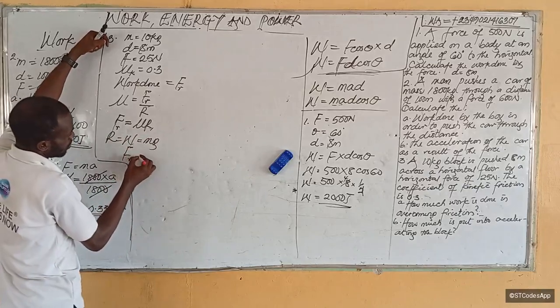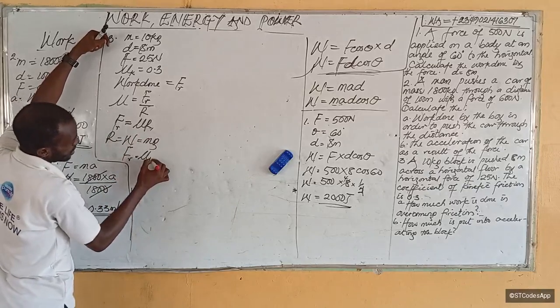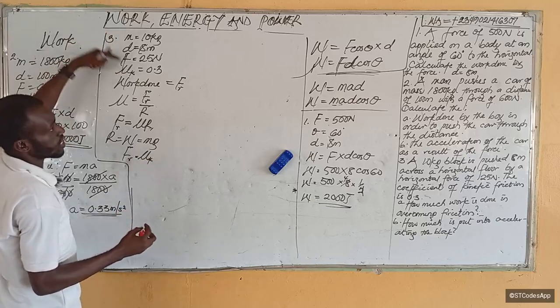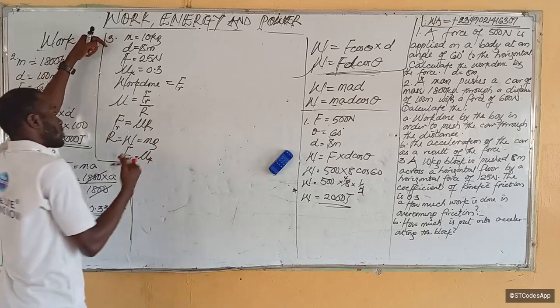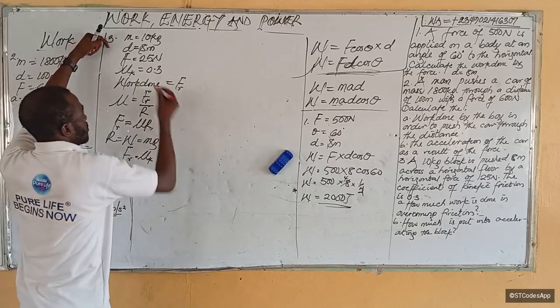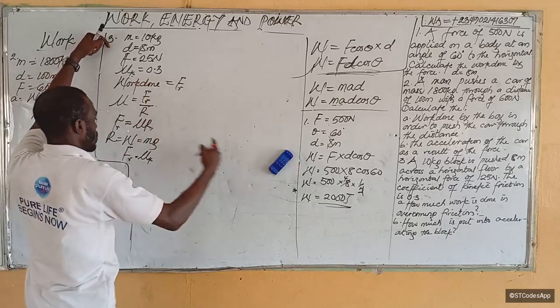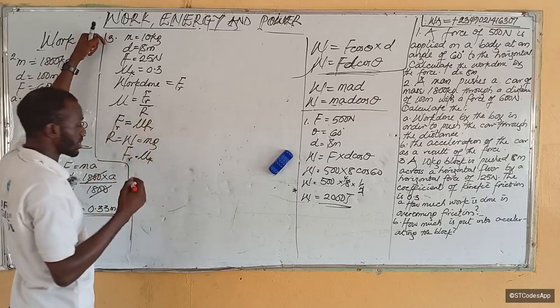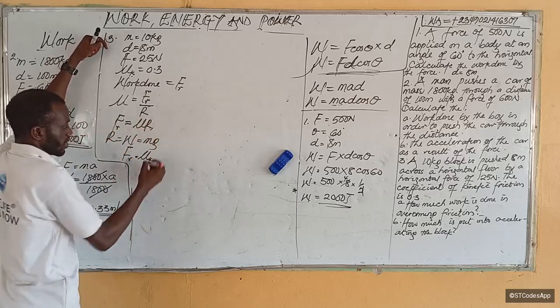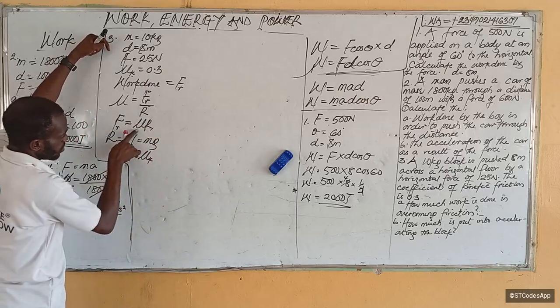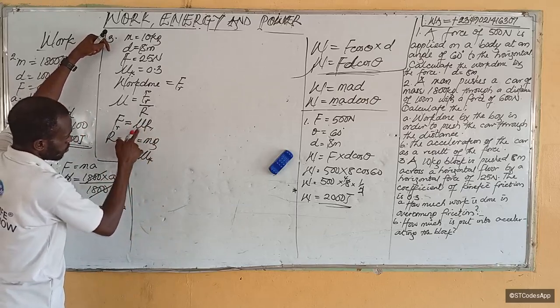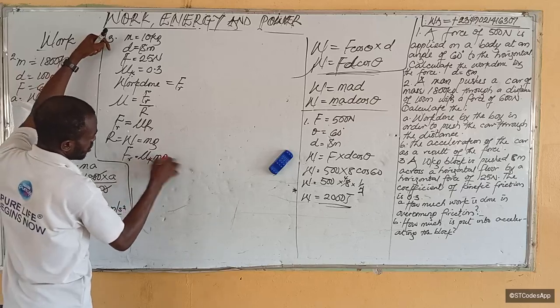Therefore, F sub r becomes mu, in which case here we are dealing with mu sub k. There are two types of mu: mu sub k and mu sub s. Mu sub k is the coefficient of kinetic friction, and mu sub s is the coefficient of static friction for a body that is stationary. So F sub r is mu sub k times mg.